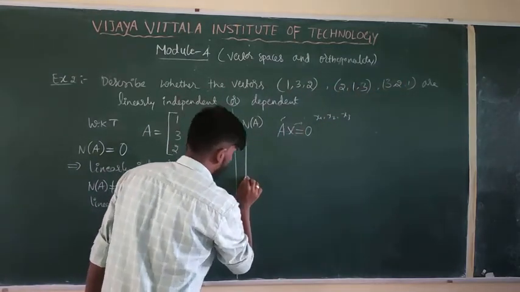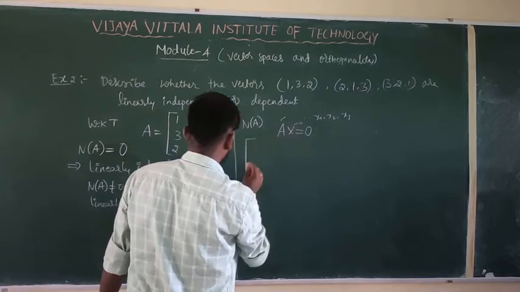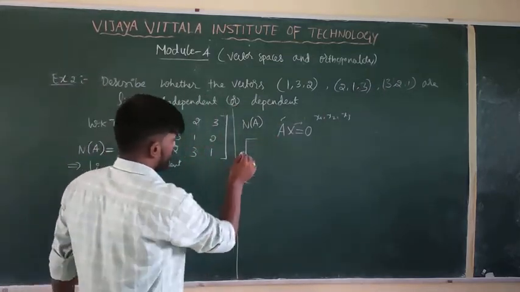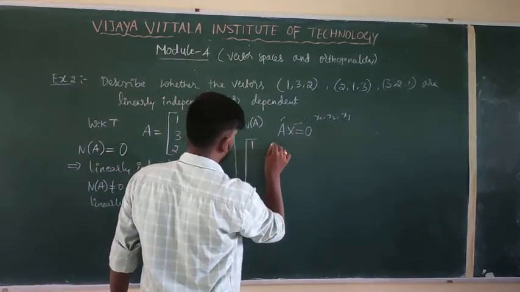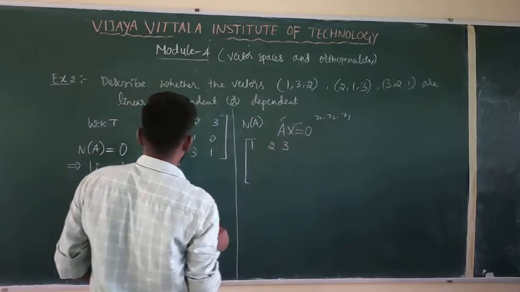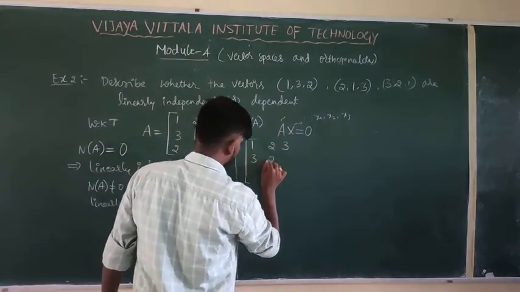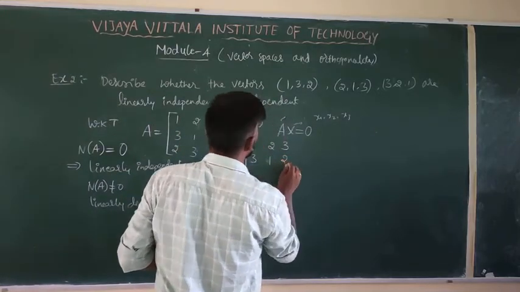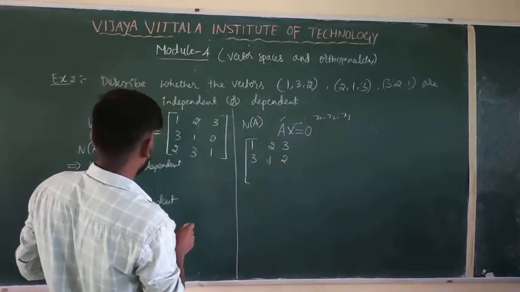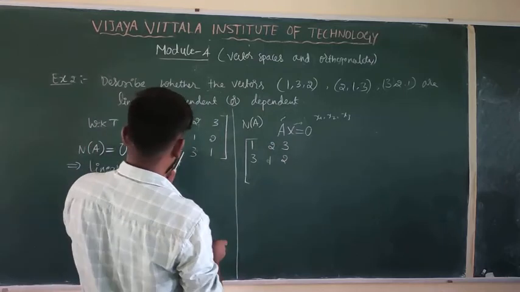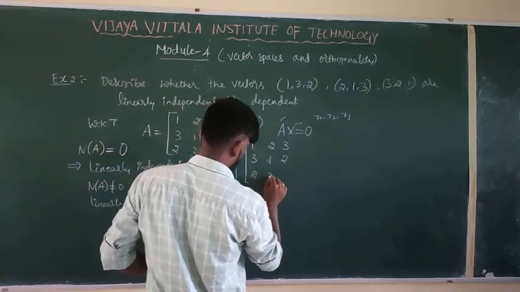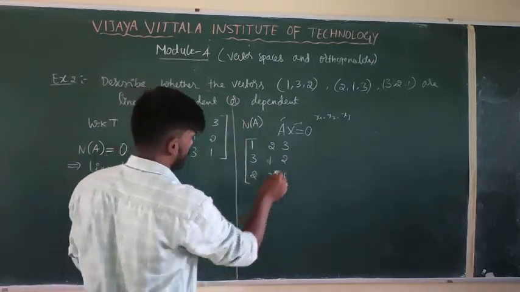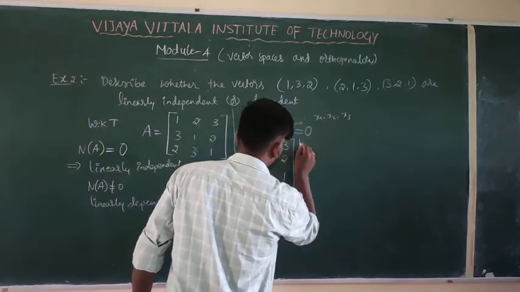Then multiply A into x. A is the given matrix with rows 1, 2, 3 and 3, 1, 2 and 2, 3, 1.